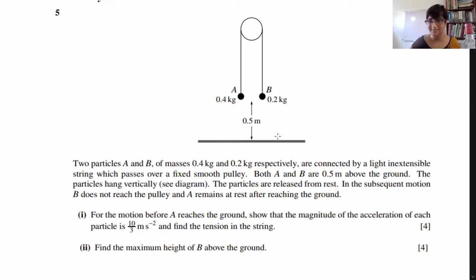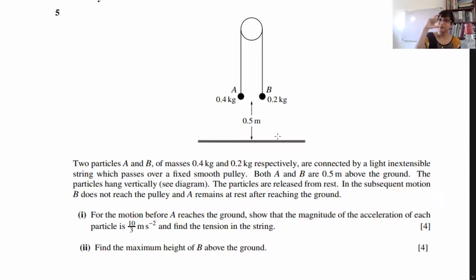Is that clear? Yes, miss. So it started already 0.5 above the ground. It moved another 0.5 up. So that's 0.5 plus 0.5 plus how far it goes up under gravity.